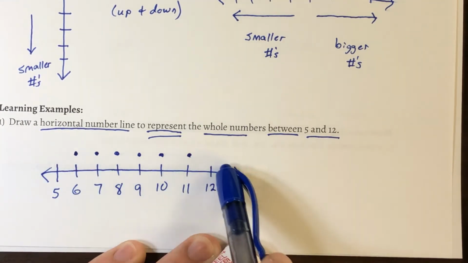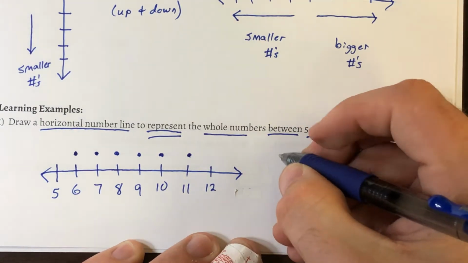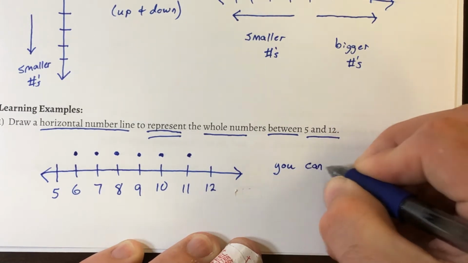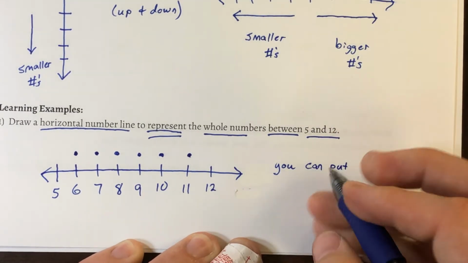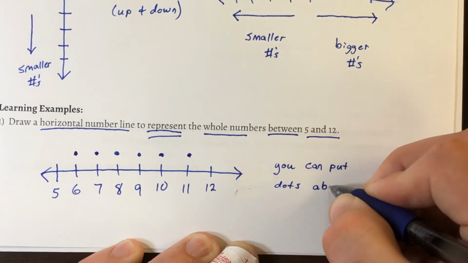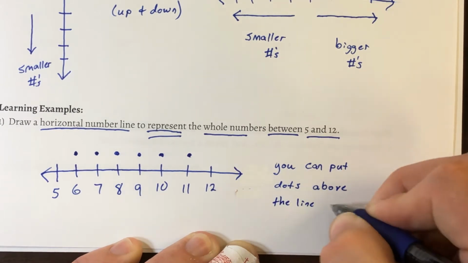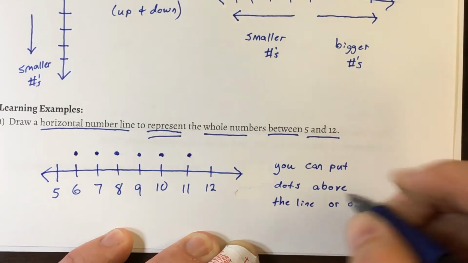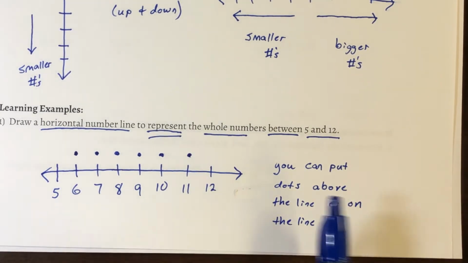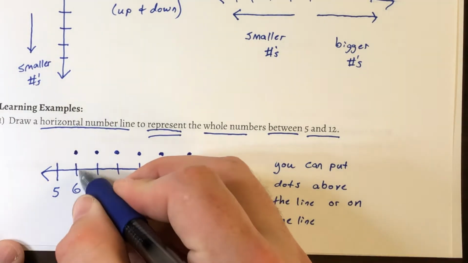As we go right, these numbers are larger. You can put the dots above the line or on the line. If you place dots on the line, I would make sure they're pretty large and visible.